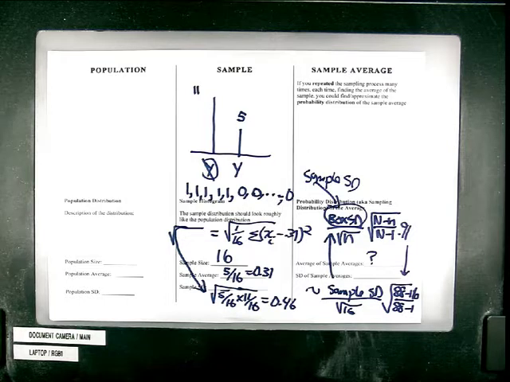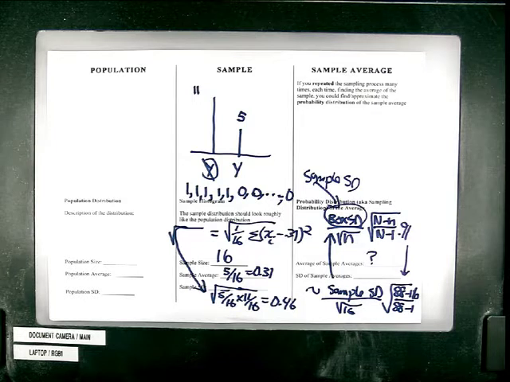You're now free to eat the candies if you like, so you can pass them around, take whatever you want. But what we're going to do is collect your information about what did you get for your sample average, and what did you get for the SD of the sample average?